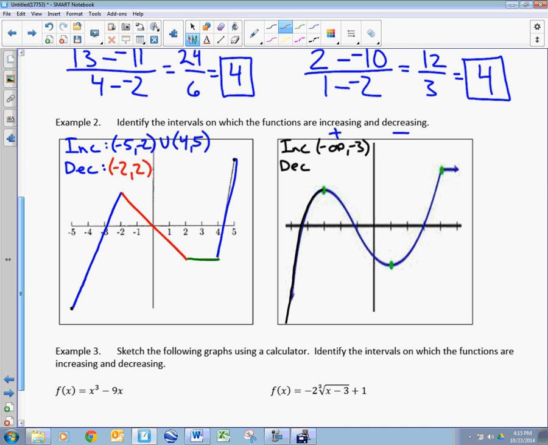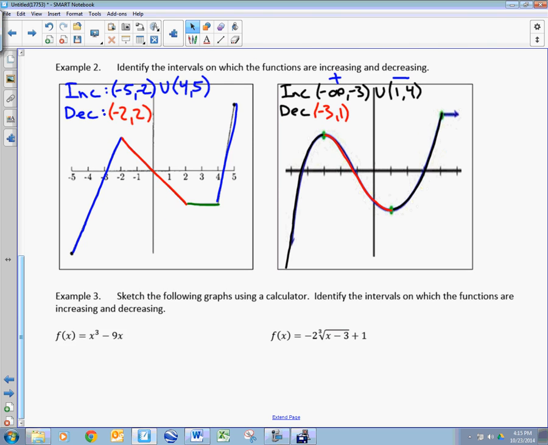Then it begins its process of decreasing from -3 to +1. Then it continues to increase from 1 to 4. And after that, it has a slope of 0. That is neither increasing nor decreasing.